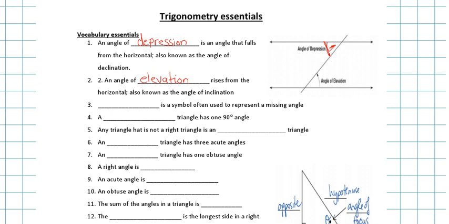So this might be a little new to you, but in math, we like to use a lot of Greek letters, okay? And the Greek letter theta is commonly used to indicate an unknown angle, or the missing angle. The theta looks like an O with a line in the middle, okay? It's called the letter theta.